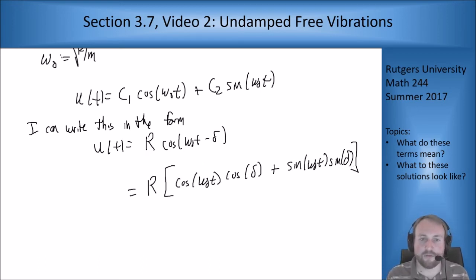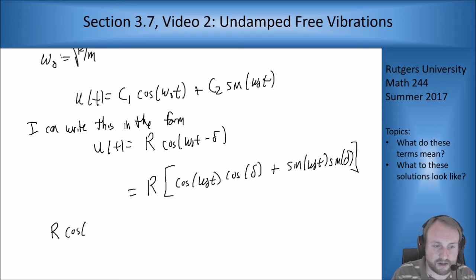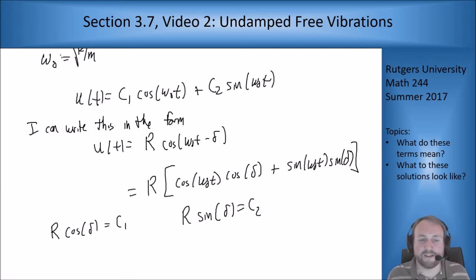Now, to match up the delta and the r to my c1 and c2 from above, I need r cosine delta equals c1 and r sine delta equals c2. This is very much like the polar coordinate transforms from Calc 3 or Calc 2, wherever you saw these for the first time, the normal r theta polar coordinates in the Cartesian plane.